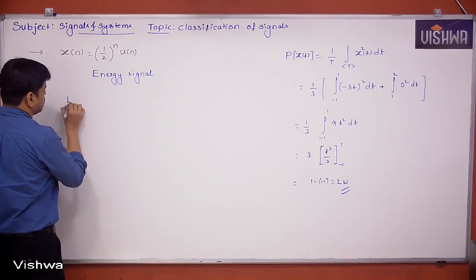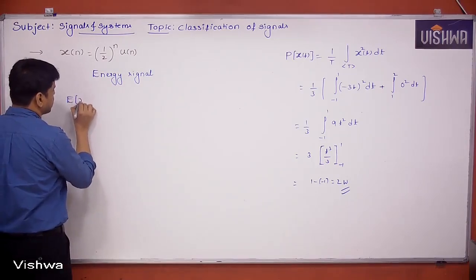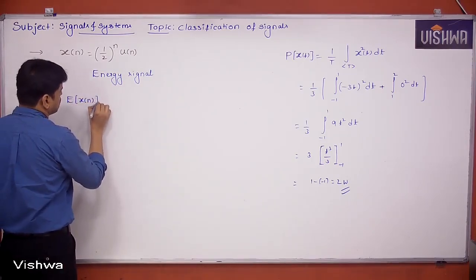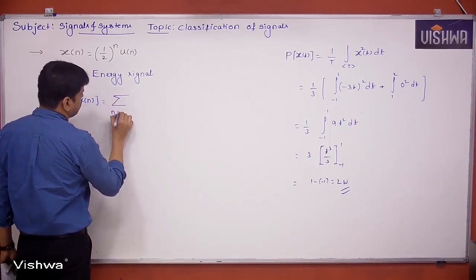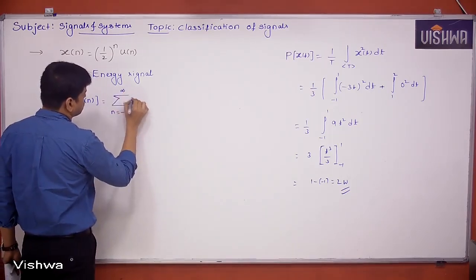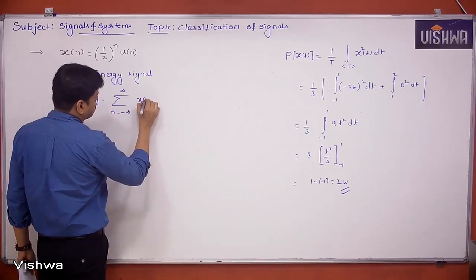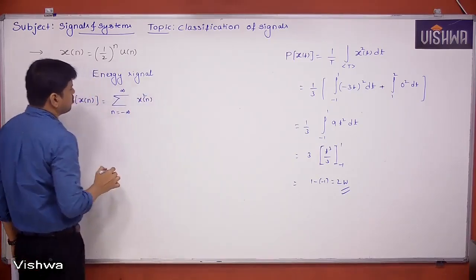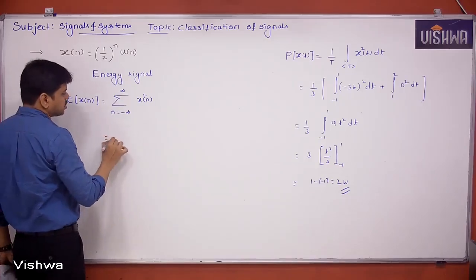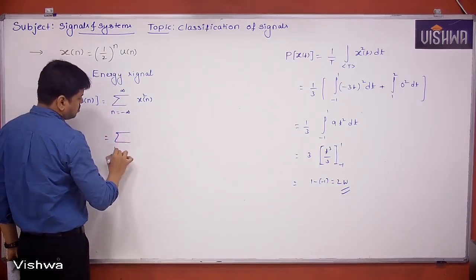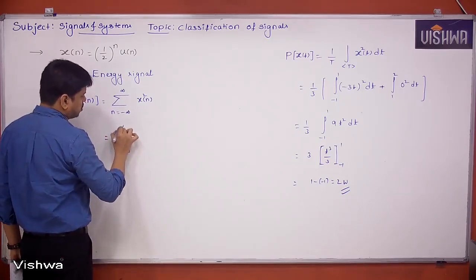Then energy of x of n is equal to summation n is equal to minus infinity to infinity, x of n square. Because the signal is having u of n, I have to take only the limits 0 to infinity, n is equal to 0 to infinity.